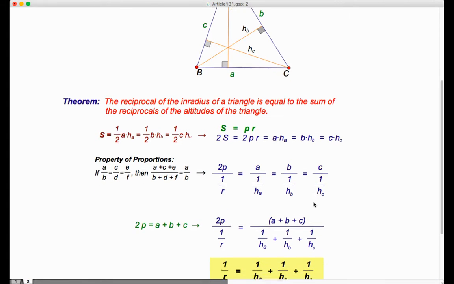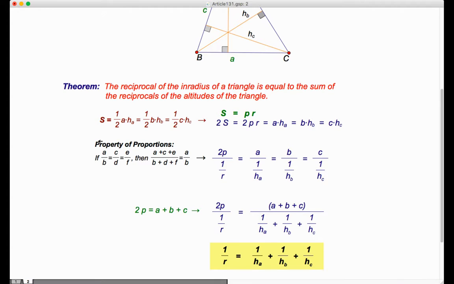Okay? Now, let us recall a property of proportions in elementary geometry: if a over b is equal to c over d is equal to e over f, we can add all numerators together, a plus c plus e, and add all denominators together, b plus d plus f.